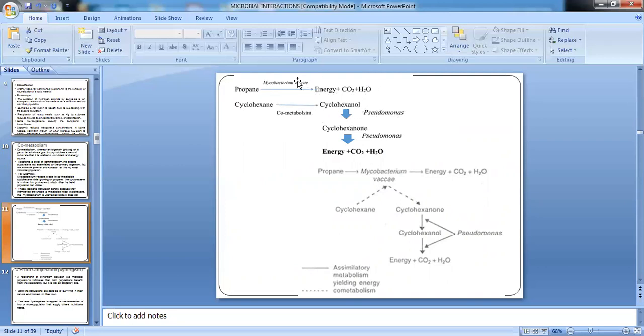Again, going back to explain this, propane is metabolized by Mycobacterium for its growth and metabolism. During oxidation of propane, Mycobacterium will also oxidize cyclohexane to cyclohexanol. Cyclohexanol can be utilized by Pseudomonas. It will be converted further.